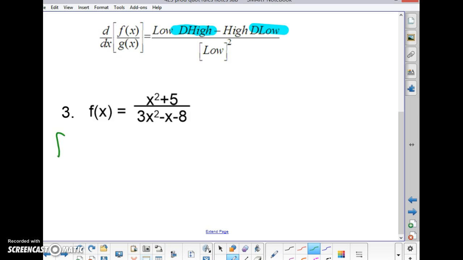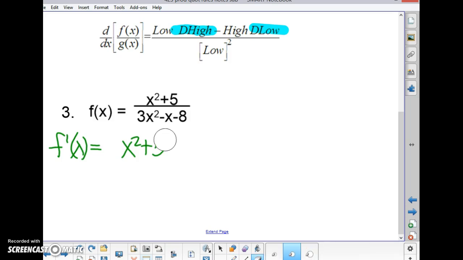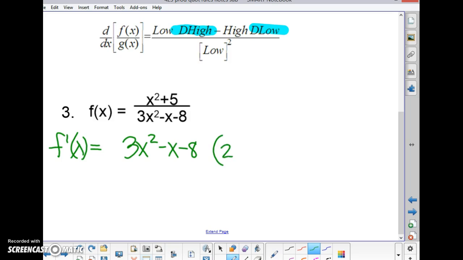If I apply the quotient rule, and I'm going to think about it as low d high minus high d low over low squared, here's the low, and it's being multiplied by d high, so the derivative of the upper piece. So I have to multiply by 2x.